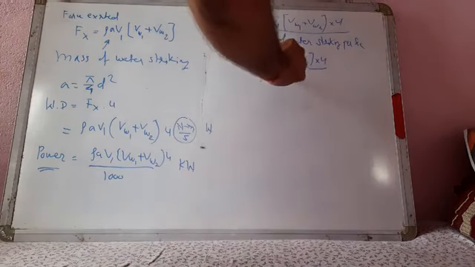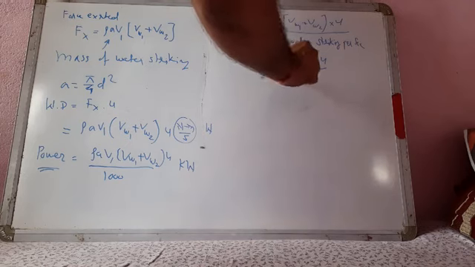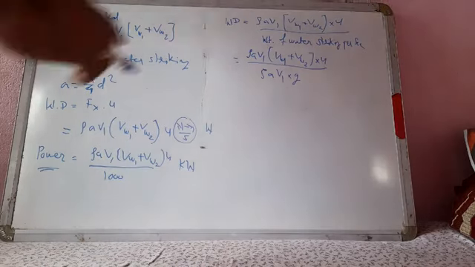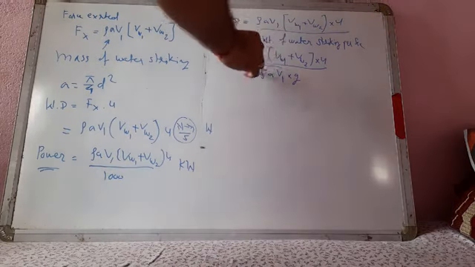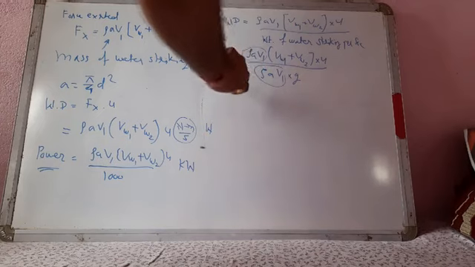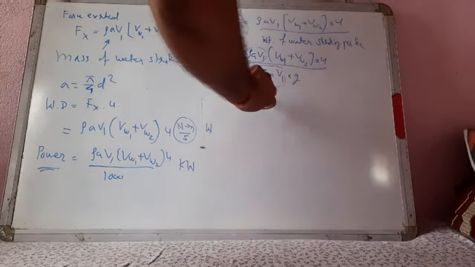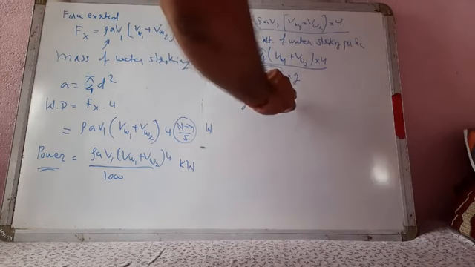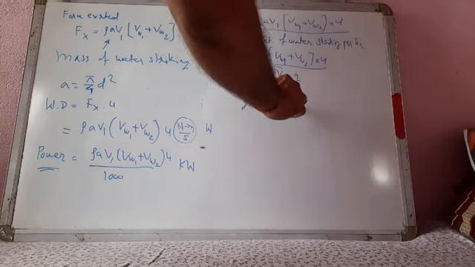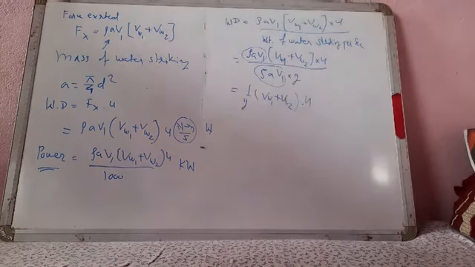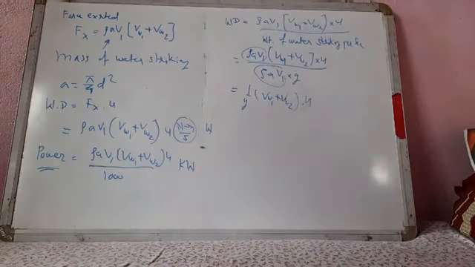Now rho A V1 and rho A V1 cancel. So this is 1 by g (VW1 plus VW2) into U. This is the work done per unit weight of water striking per second.